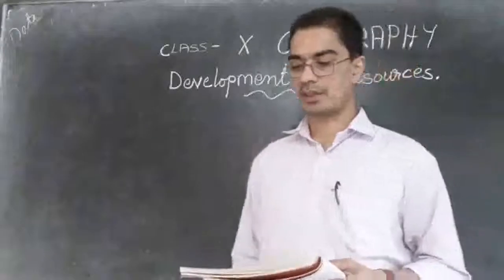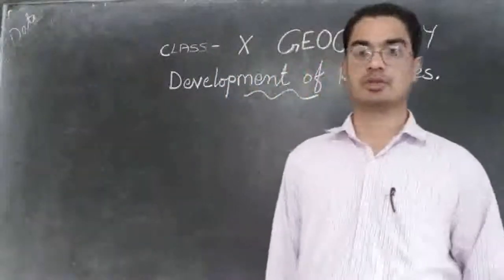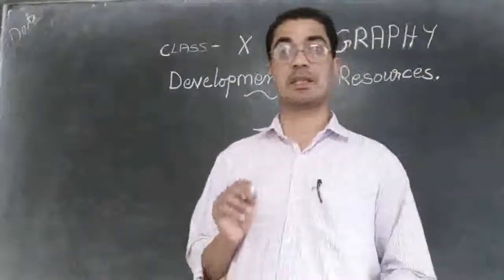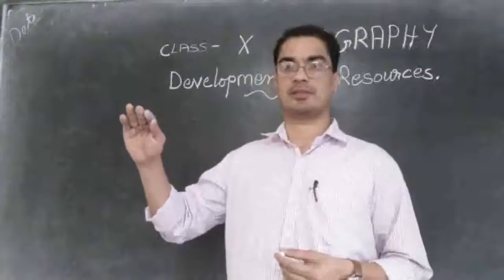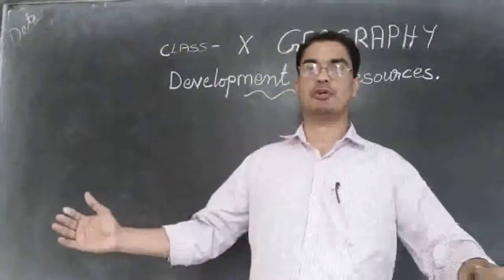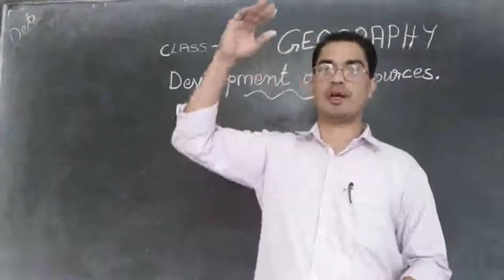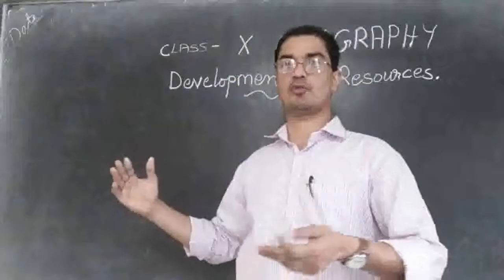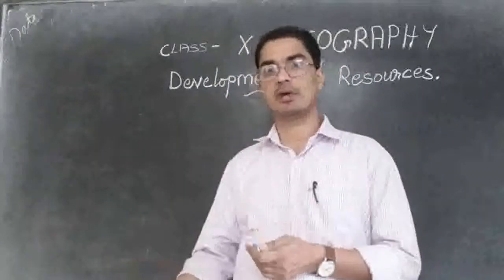Sustainable existence is a component of sustainable development. Sustainable development means continuous development. Otherwise, this year I have plenty of resources, so I will develop nicely and development will be very high this year. Afterwards there will be no more resources for development, and the development will come down.